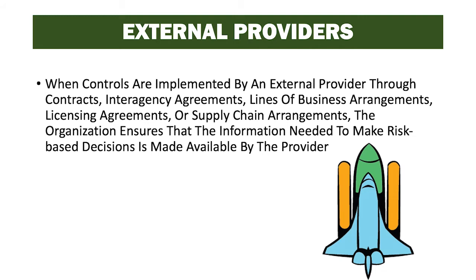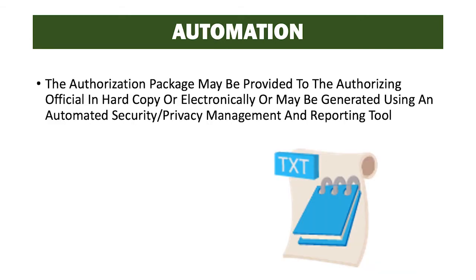When controls are implemented by an external provider through contracts, interagency agreements, lines of business arrangements, licensing agreements, or supply chain agreements, the organization ensures that the information needed to make the risk-based decision is made available by the provider. So this information from the external provider should also be provided to the authorizing official so they can make a fully qualified risk-based decision.